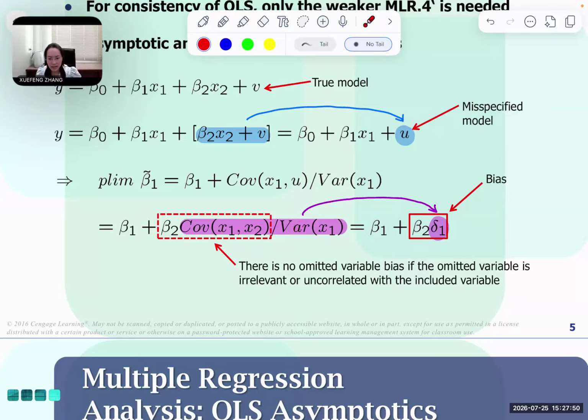This is exactly the slope you would get from regressing x2 on x1. It is the same formula as the exact omitted variable bias result from chapter 2, just now expressed as an asymptotic, large sample statement instead of an exact small sample one.